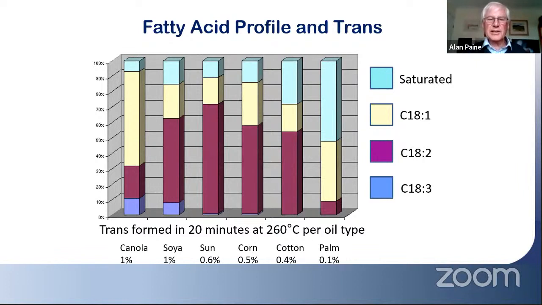And we can see in this picture that canola and soybean, which have high amounts of polyunsaturated, double unsaturated and triple unsaturated fatty acids, form about 1% trans in 20 minutes at 260 degrees Celsius, whereas palm oil at the other end of the scale, which has a relatively low level of polyunsaturated fatty acids, only forms 0.1% instead of 1%.